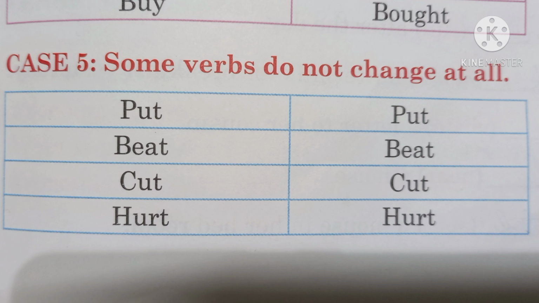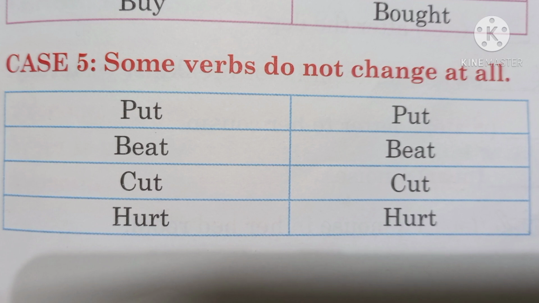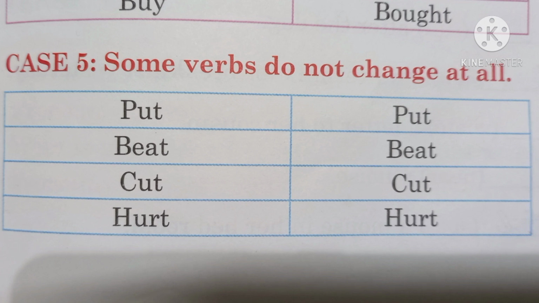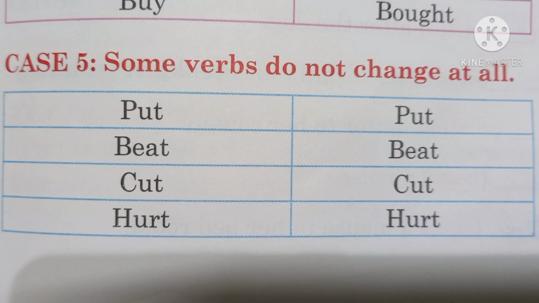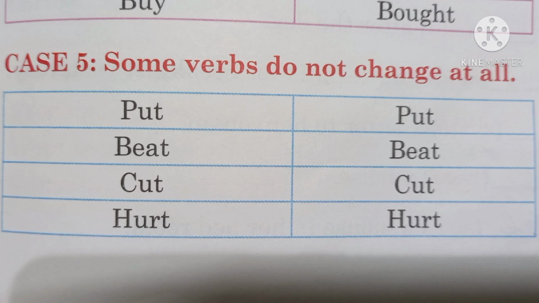Also, there are a few verbs which do not change at all. The spelling of the particular verb remains the same in the present tense form, that is the base form, as well as in the past tense form too. A few examples mentioned here are put, put. It's a base form of the verb.